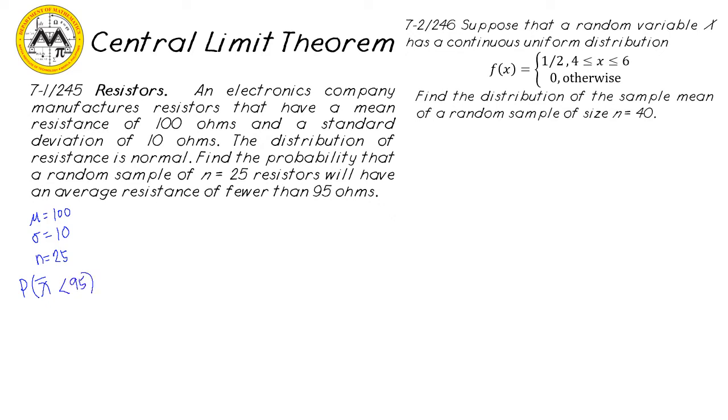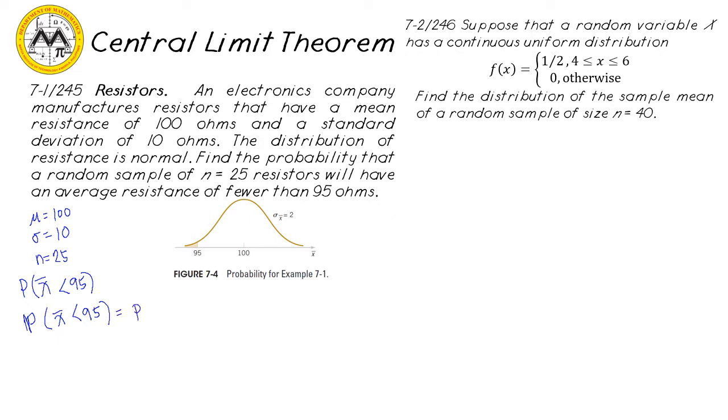So for this problem, we consider a normal distribution with sigma of x bar equal to 10 over square root of 25. So 10 over 5 is 2. So we're looking for the probability that x bar is less than 95.